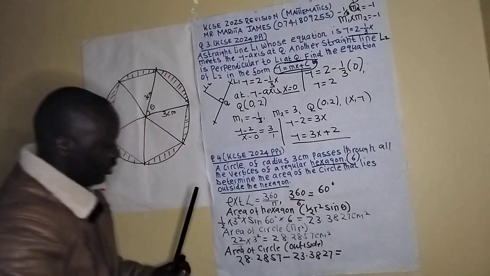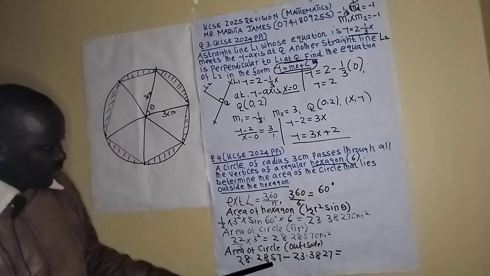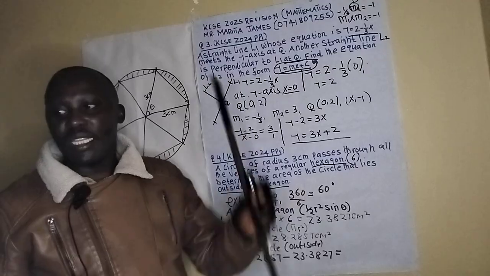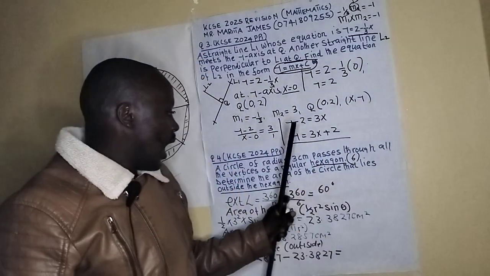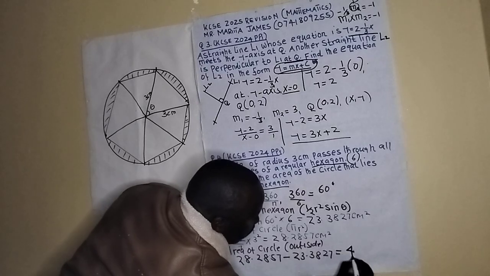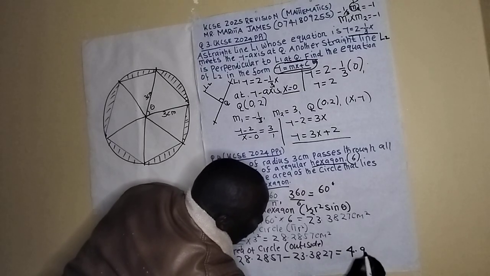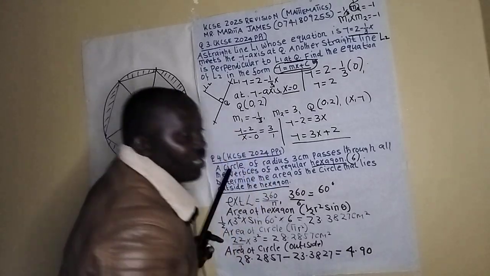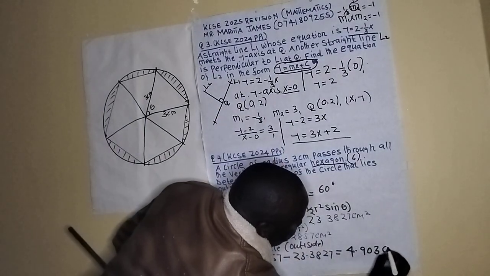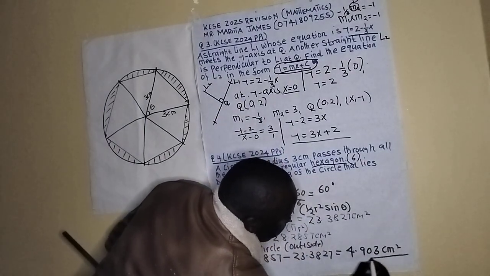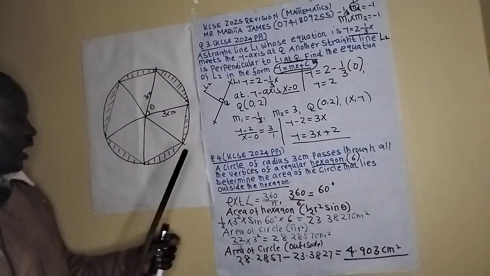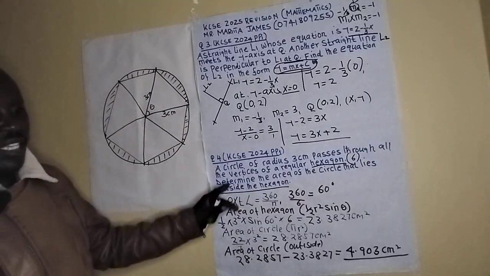If you take this one minus this one, you get the area of the circle that lies outside the hexagon as 4.903 centimeters squared. That is how you can get the area of the circle that lies outside the hexagon.